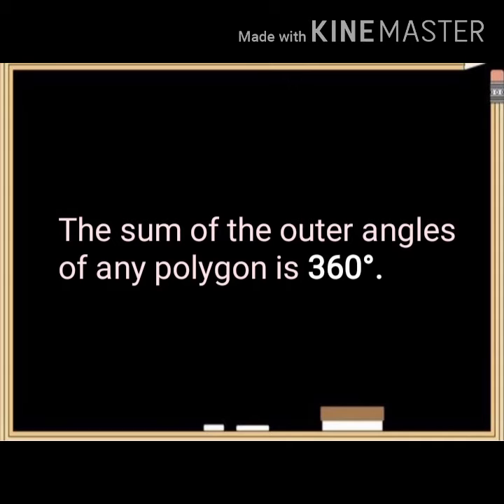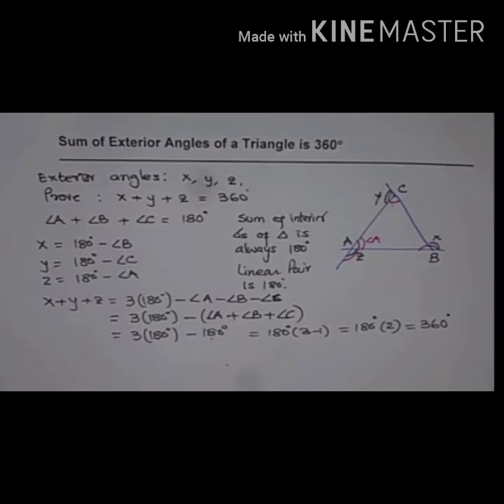Now let's check the given statement. The sum of the outer angles of any polygon is 360 degrees. First, we are checking the example of a triangle. Here, X, Y, Z are the exterior angles of the triangle ABC. So here we want to prove that X plus Y plus Z equals 360 degrees.